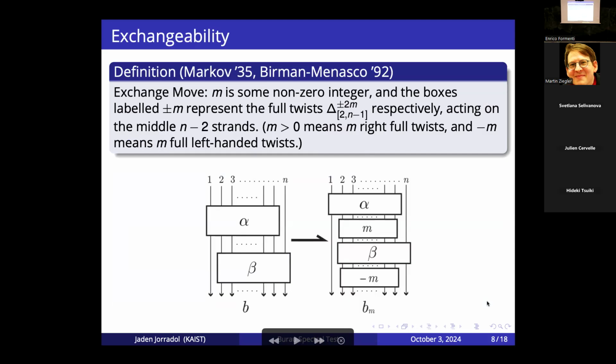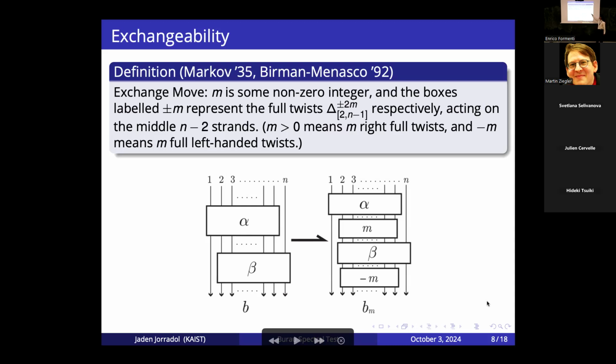Next is exchangeability. So the braid is exchangeable if you can do the exchange move. The exchange move is first, the braid has to be in this form. Alpha is some braid on strands 1 to n-1, and beta is some braid on the second strand to the nth strand. And n has to be more than 4. So if the braid is in this form, and then you can do the exchange move, then the braid is exchangeable.